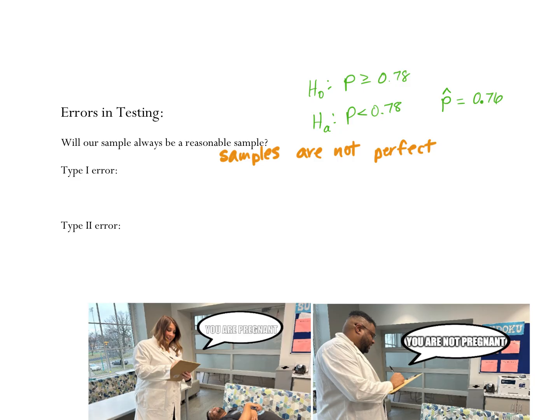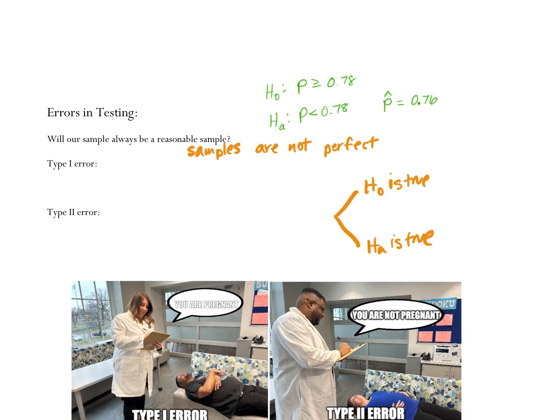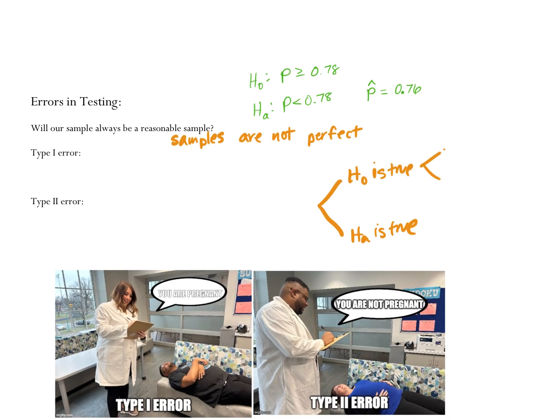It's just that your random sample is one of the ones that's going to make you make the wrong decision. Is everybody good? Okay, so we start off with two possible truths. The null is true, or the alternative is true. And then for either case, we reject or we fail to reject.